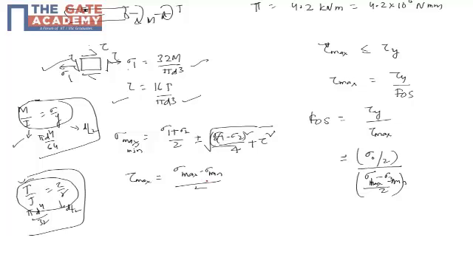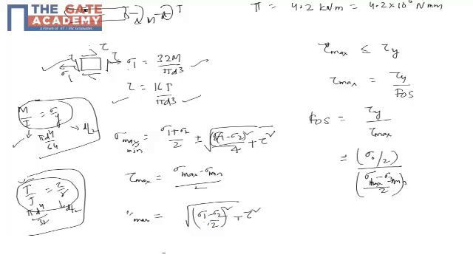This is from the Mohr circle also. If you divide that, it becomes square root of sigma 1 minus sigma 2 by 2 whole square plus tau square. That is my tau max.